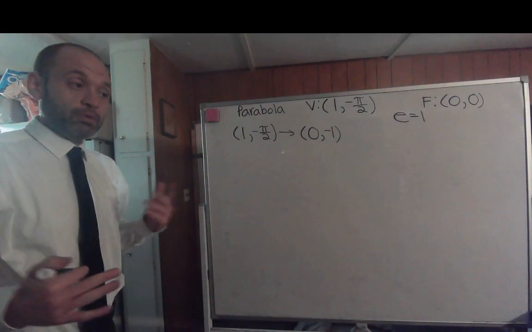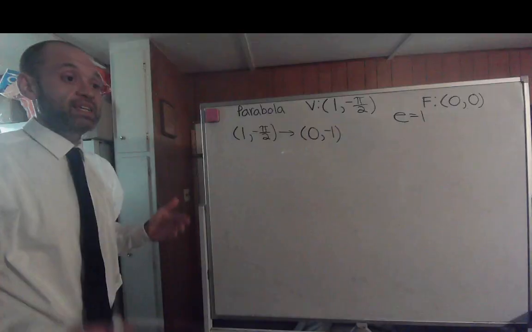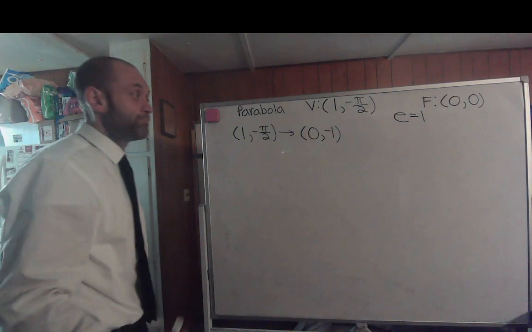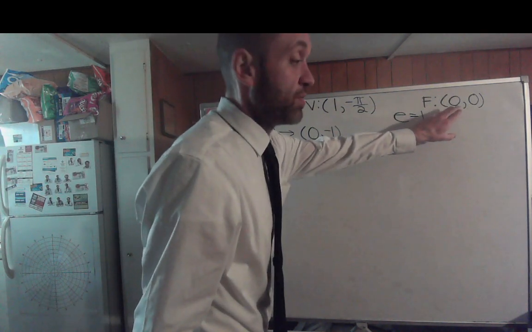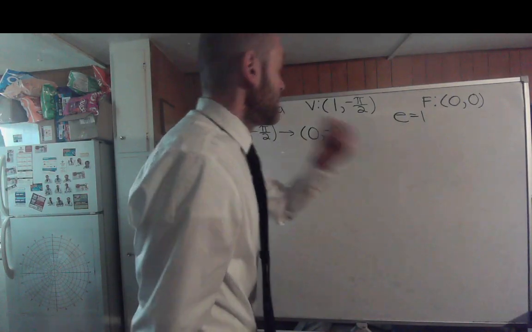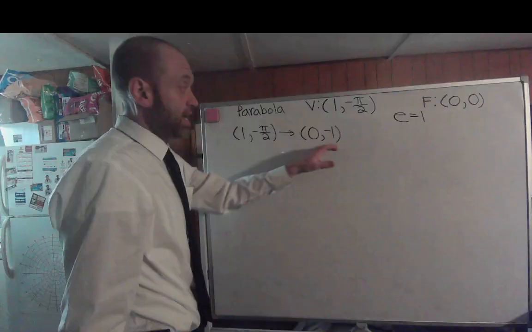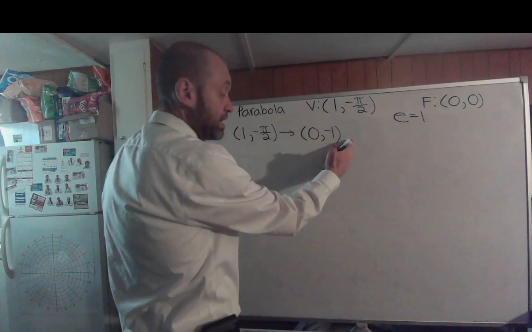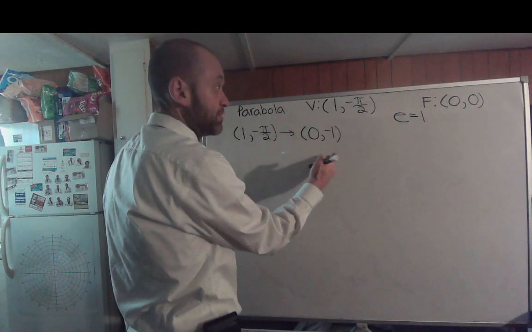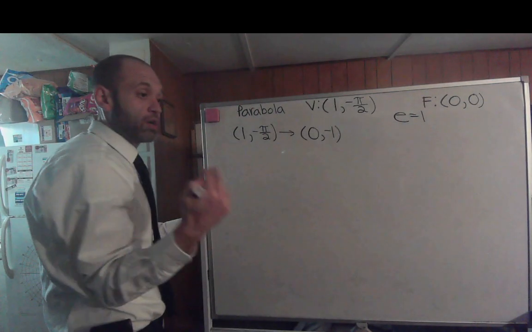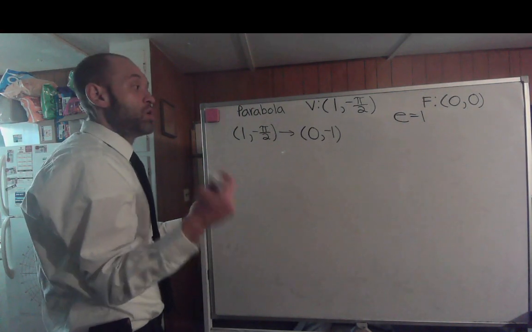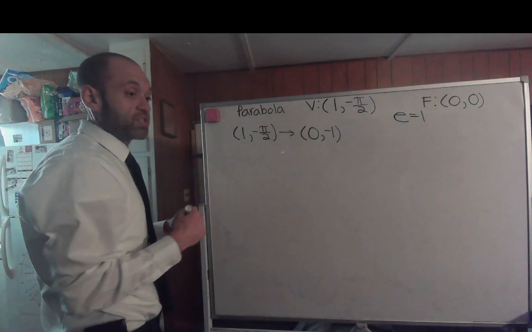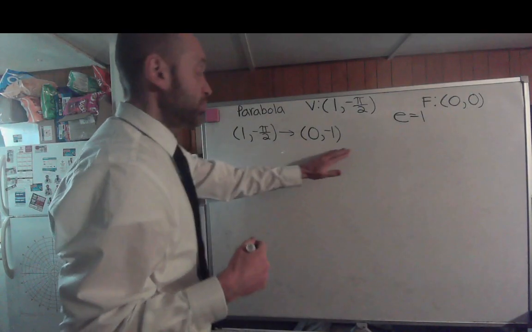Now, a parabola is nice because the vertex is exactly halfway between the focus and the directrix. So if the focus is at 0, 0, and the vertex is at 0, -1, that means the distance between the vertex and the focus is just a length of 1, which means that the distance between the vertex and the directrix also has a length of 1, but it would end up being below the vertex.